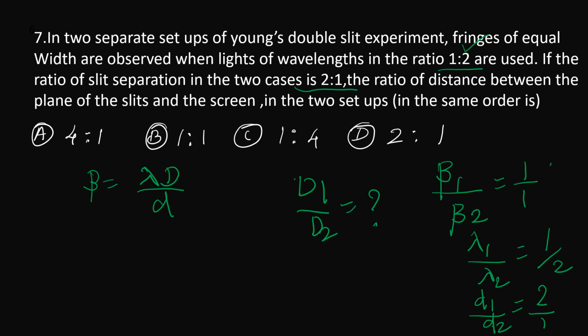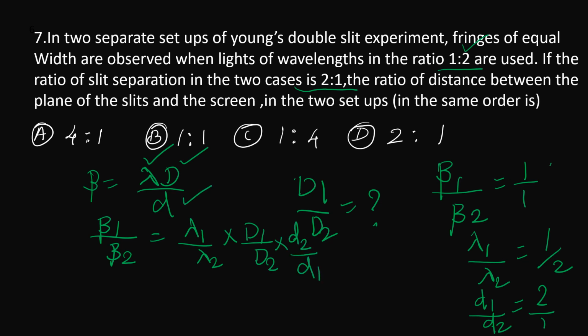So from this equation, beta 1 by beta 2 is equal to, for two experiments, lambda 1 by lambda 2 into, because lambda is directly proportional, D1 by D2 into d2 by d1, because small d is inversely proportional.